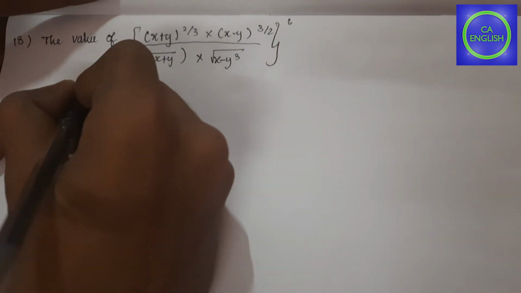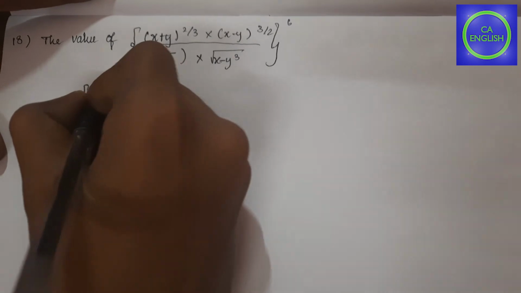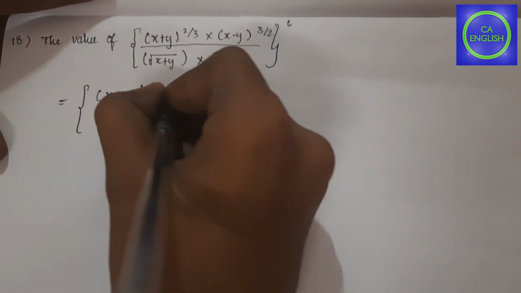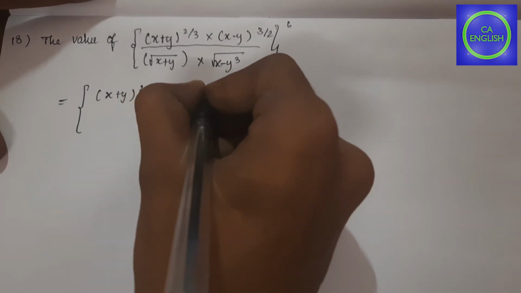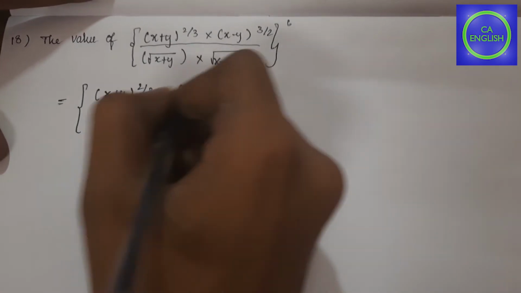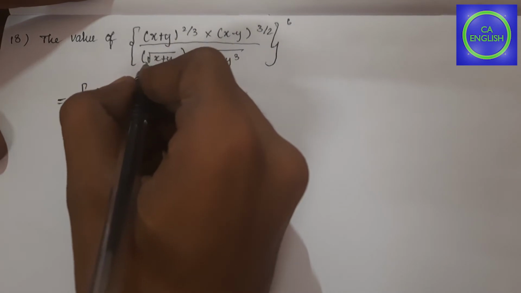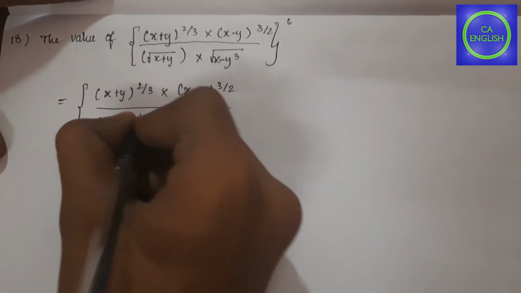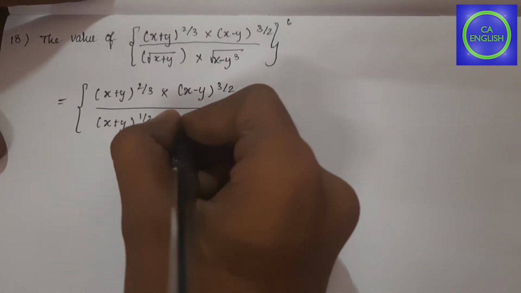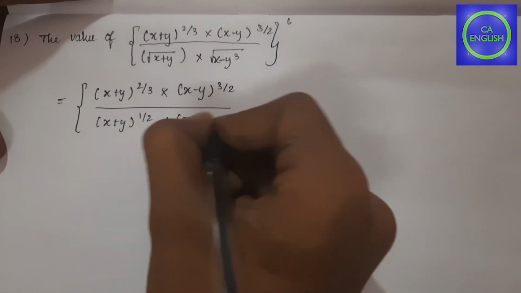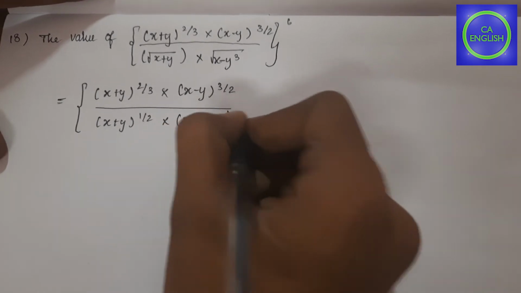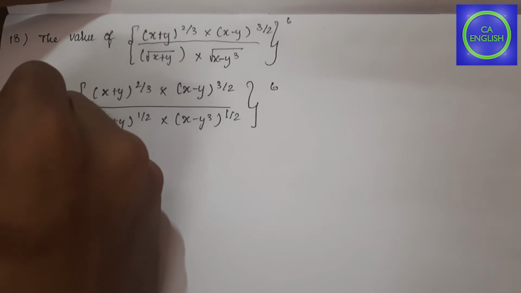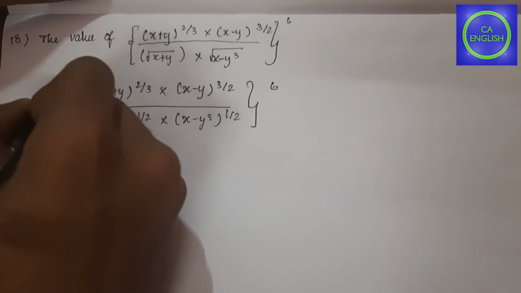Now we are going to write a simplified form x plus y the whole power 2 by 3 as it is, and x minus y the whole power 3 by 2 divided by, we can take the root value as 1 by 2. Therefore x plus y the whole power 1 by 2 into x minus y cube the whole power 1 by 2. The value of root x is equal to 1 by 2.